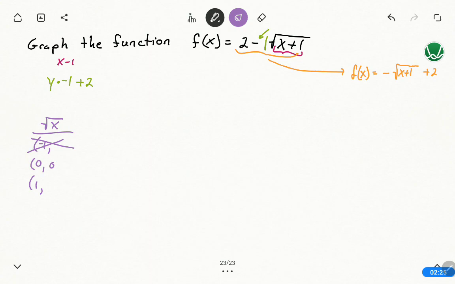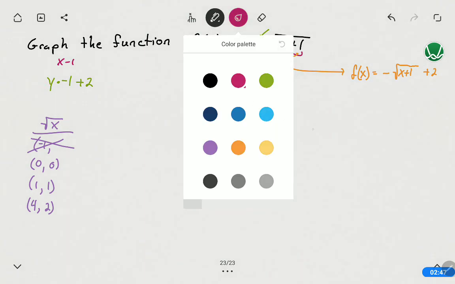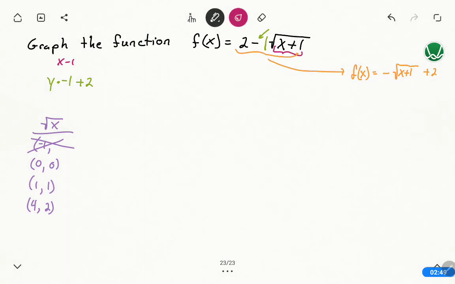Square root of 0 is 0, square root of 1 is 1, and then it really helps to have a third point just to help us get the shape a little bit better. So I'm going to use the next number that I can square root and get a whole number, and that's 4. The square root of 4 is 2, so that will be the other ordered pair I use. And these are the points I'm going to use as reference just to help me graph this.